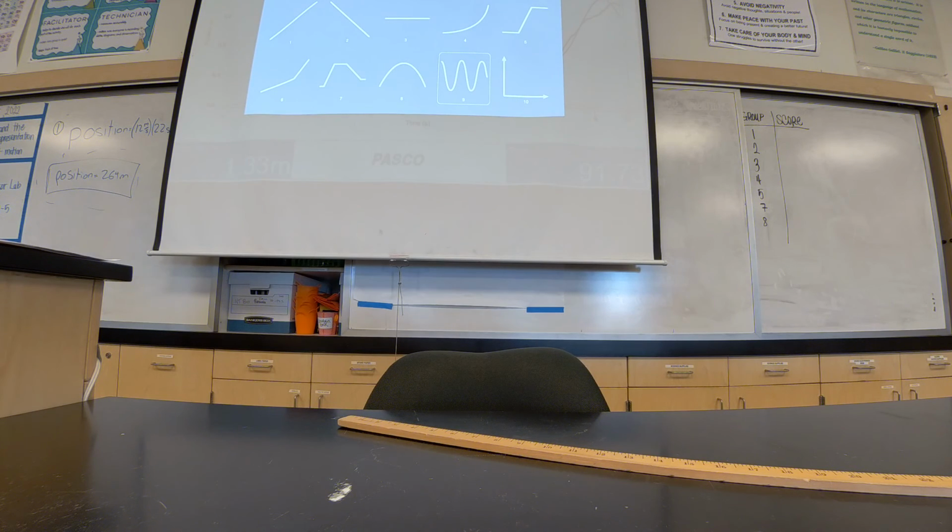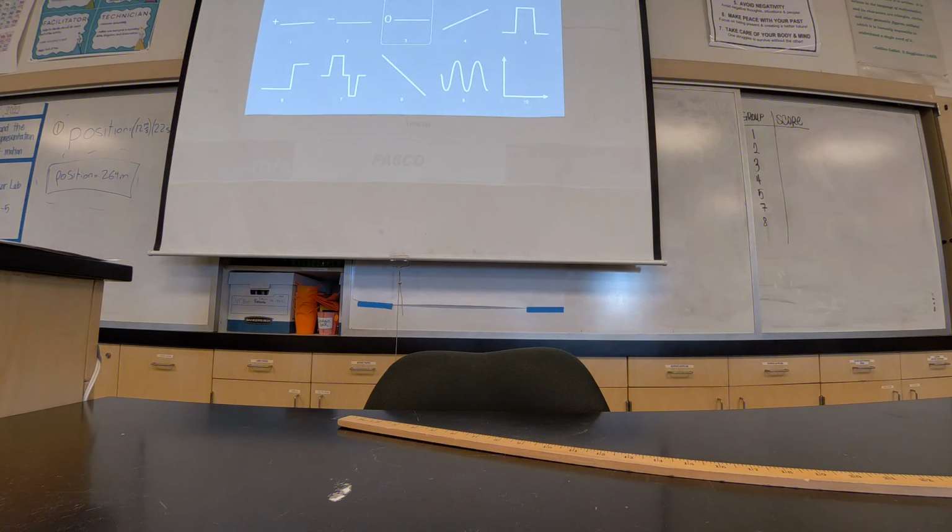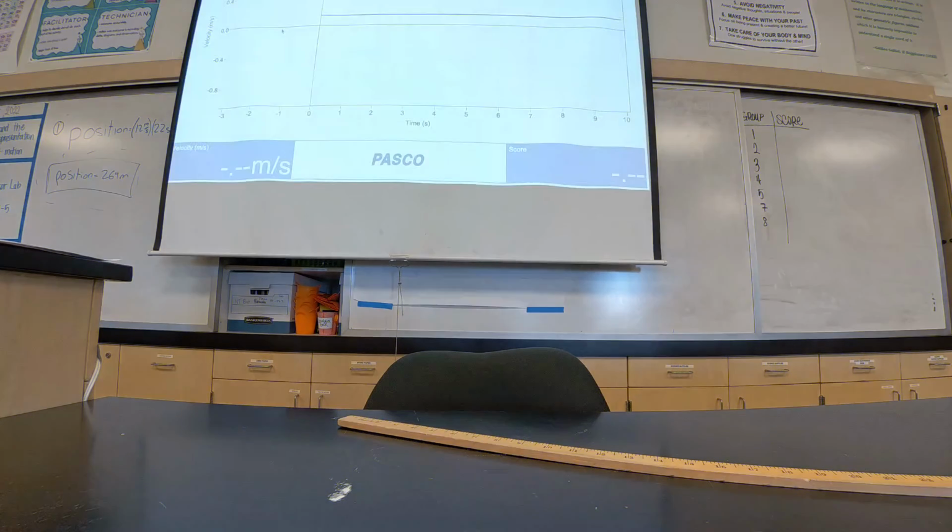So for the first one, it was number 3. Your velocity would have been a straight line, right at 0, a horizontal line, right? Then we've got velocity graphs that, for number 1, this one was a horizontal line, but it should have been somewhere on the positive graph.